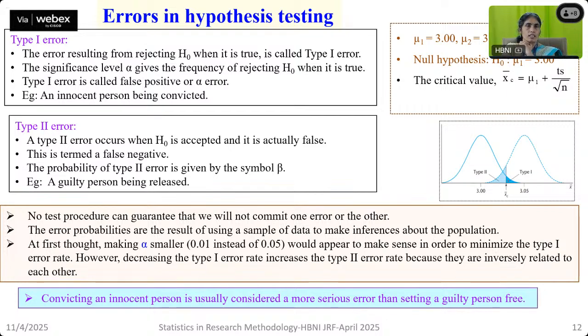The general conclusion in the general case is that convicting an innocent person is usually considered a more serious sin than setting a guilty person free. Whether to compromise on type 1 or type 2 error is case dependent. That depends on the specific instances where you are applying it. In the common cases, as described here, committing a type 1 error is more serious.